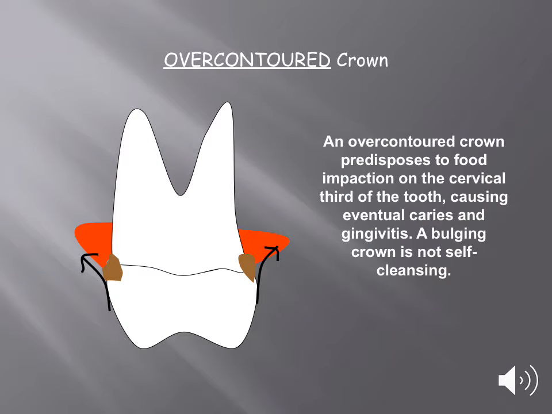On the other hand, if the bulge was over contoured, the bulge was too much, it deflects definitely the food away, but because of that, there's no massaging of the gingiva. Plaque can accumulate in those areas and can lead to gingivitis and eventual caries because that area is not self-cleansing. We will show some examples of this again in the fifth part, which is about the clinical examples.